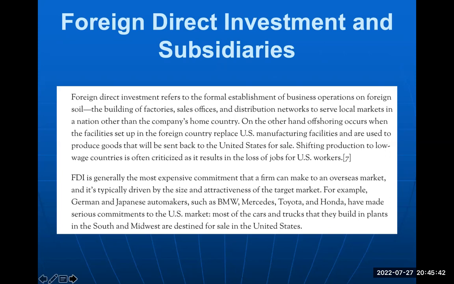Sometimes they want to bring in their own people. In other words, they bring people who are already a part of the company, so they literally don't have to pay them any new salary. So all of those things happen. So for example, German and Japanese automakers, such as BMW, Mercedes, Toyota, and Honda, have serious commitments to the US market. Most of the cars and trucks that they build in plants in the South and Midwest are destined for sale in the United States.